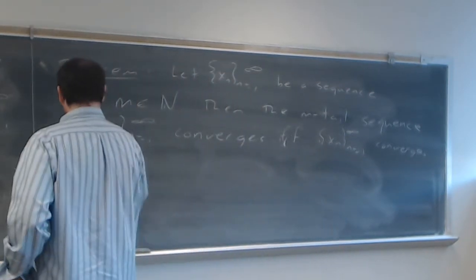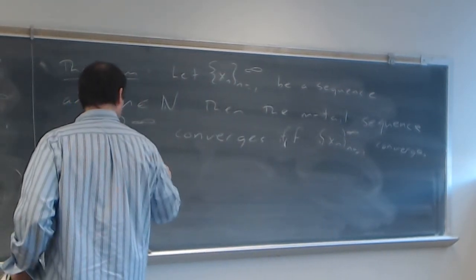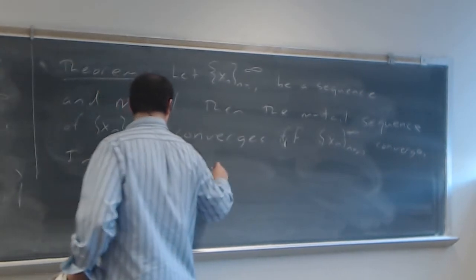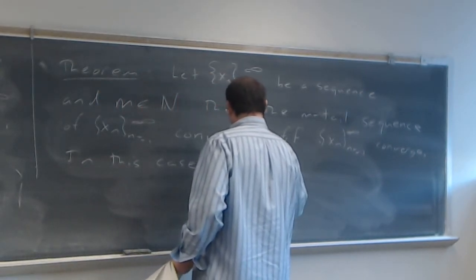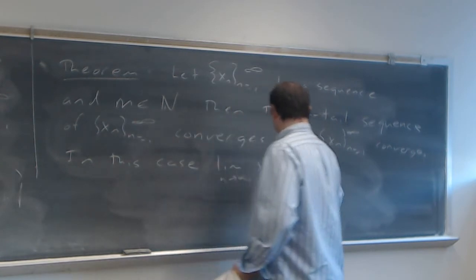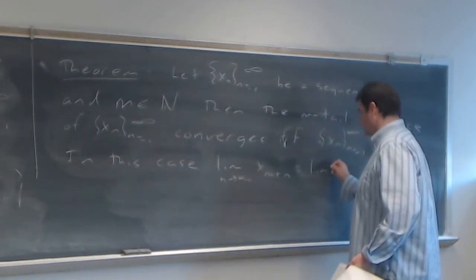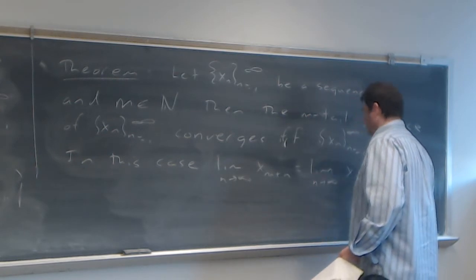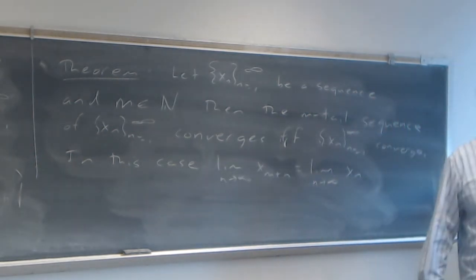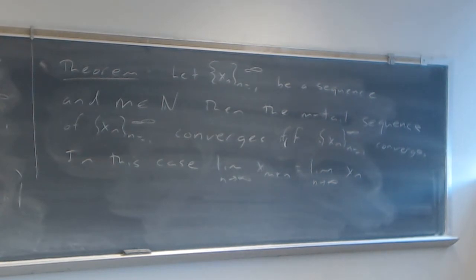In this case, the limit as n goes to infinity of the m-tail sequence is the same thing as the limit as n goes to infinity of the original sequence. They converge to the same thing.